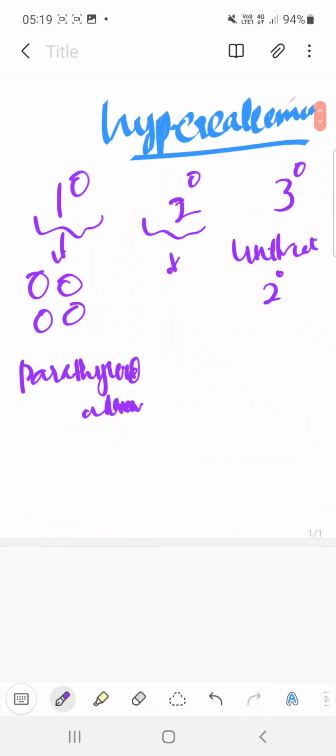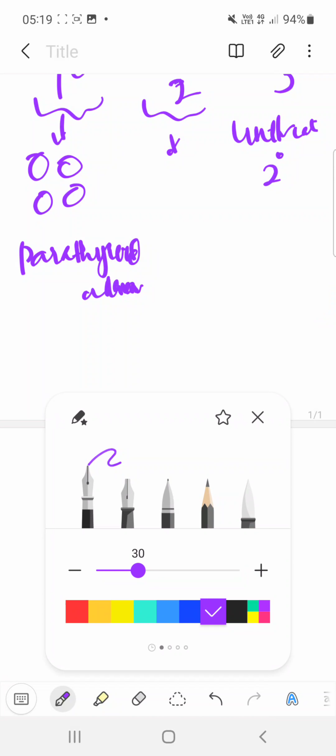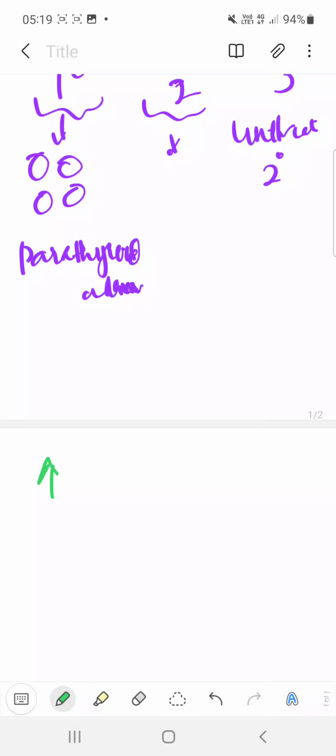So when there is increased calcium level, what happens? Calcium will go through the tubules, causing nephrocalcinosis.